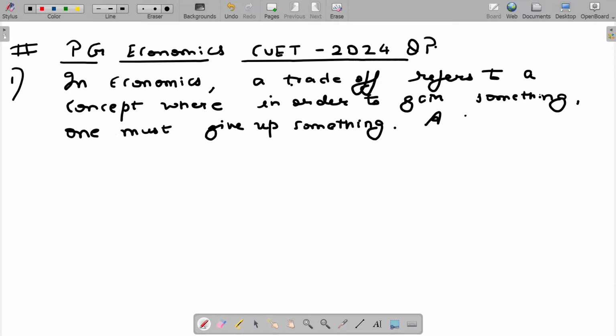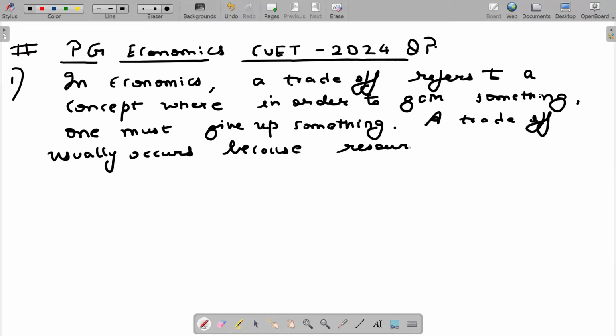And I can write, a trade-off usually occurs because resources are scarce and have alternative uses.